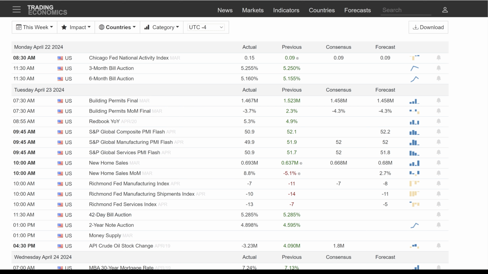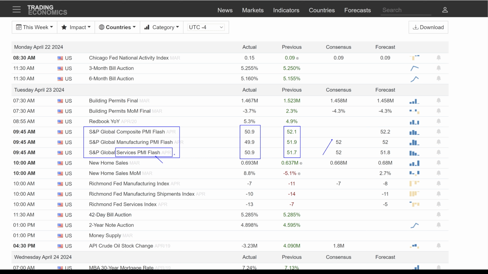But the big news on Tuesday was the S&P Global PMI and the services section. This is an estimate, a flash from April, an advanced data. And look at this, all three PMIs came barely at 50, coming from 52s and 51s. And the market was expecting it to stay at 52 or even increase.